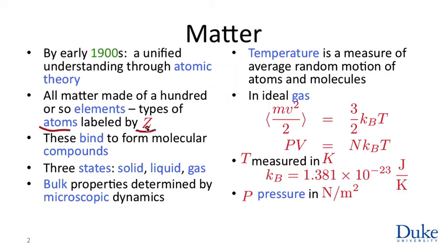They're indexed by a number called Z that runs from 1 to whatever, 100, and roughly elements with higher Z have heavier, more massive atoms, and these characterize the chemical elements. We understand some rules by which they bind together to form compounds and molecules and various kinds of objects.